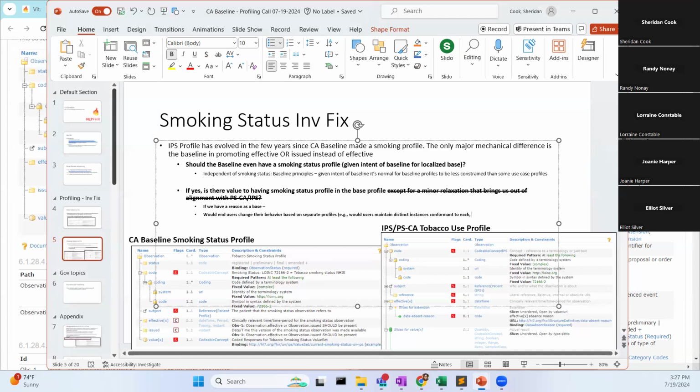So I would anticipate, are we, Elliot, are you asking about the user behaviors when taking smoking status rules and then applying them when you are going to generate a summary? Well, I guess so. Does it matter if the two profiles are incompatible?